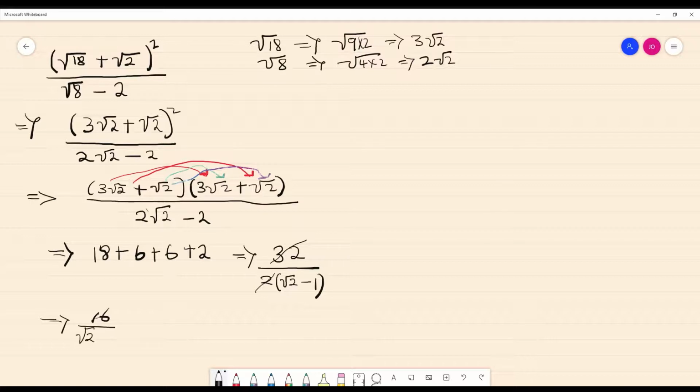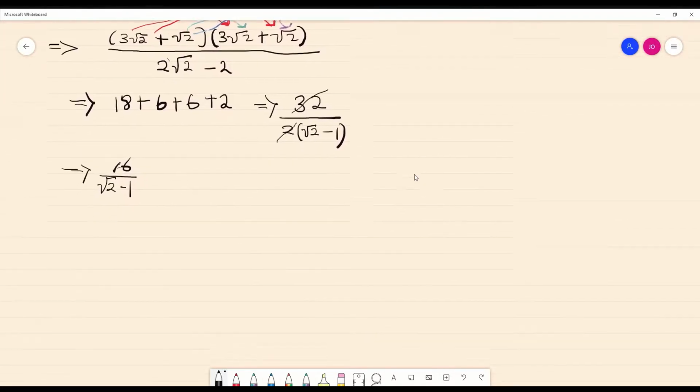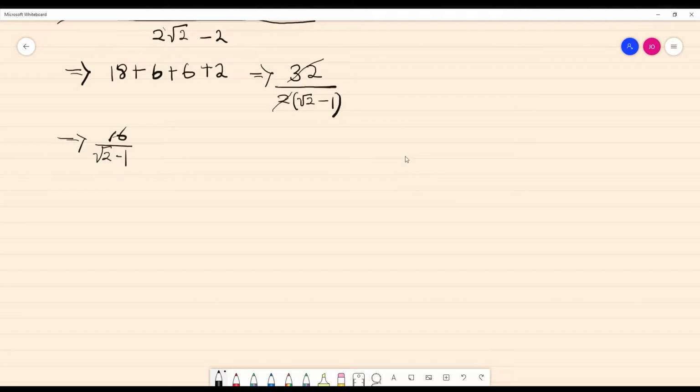root 2 minus 1. So it's time for us to rationalize the denominator. So what we do here is 16 over root 2 minus 1 times root 2 plus 1, root 2 plus 1.